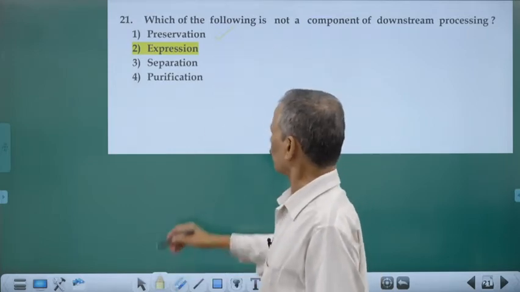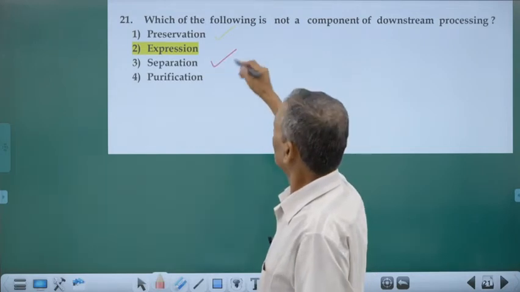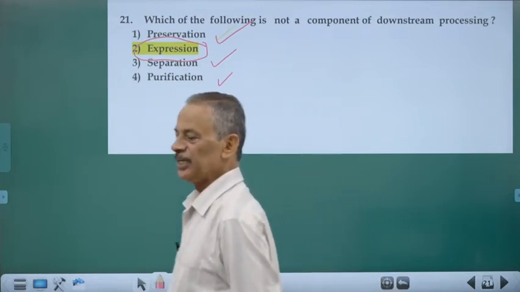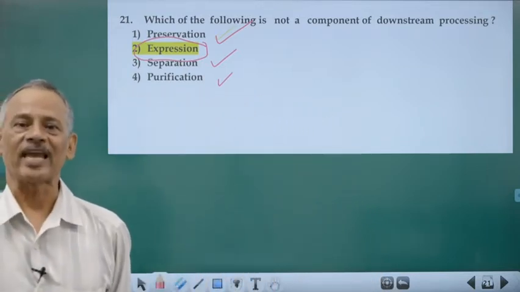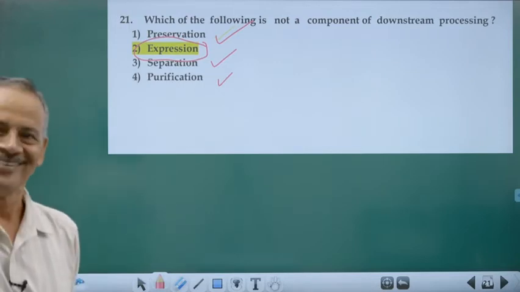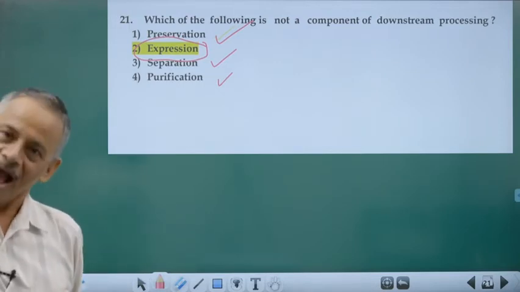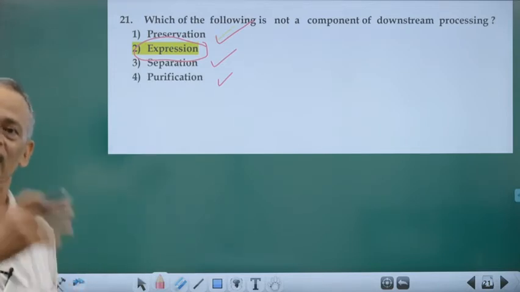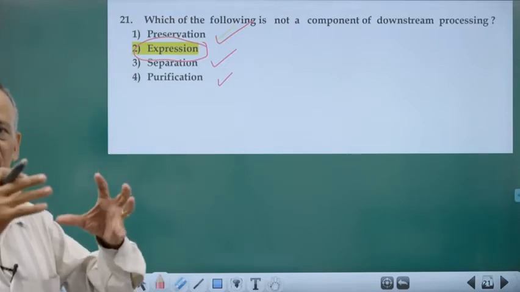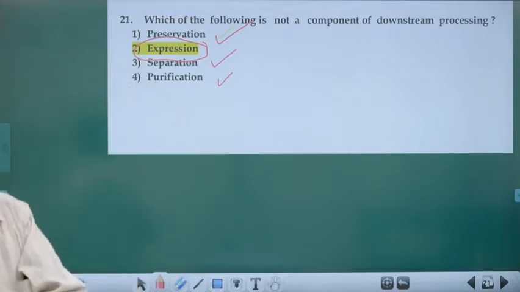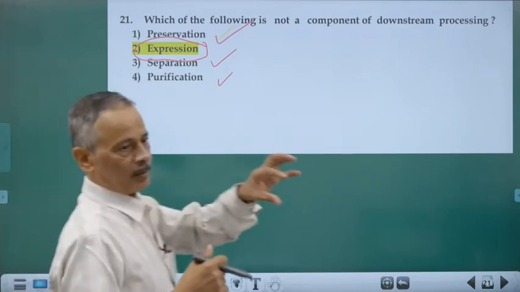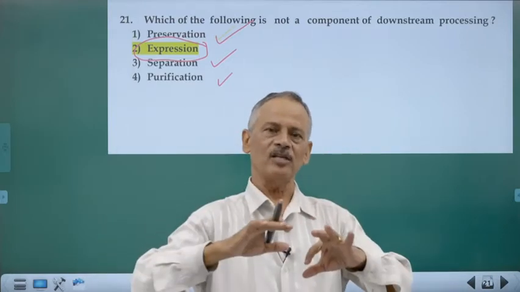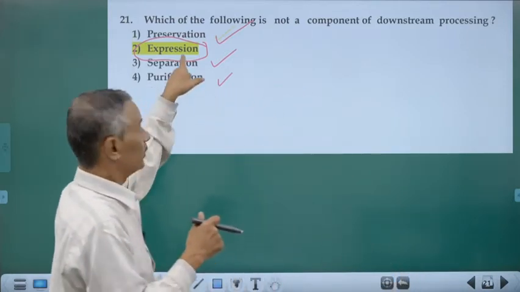So we have to add preservatives to that, correct? Separation of the recombinant protein is a very important one. Purification, preservation, but expression? What is expression? A gene is expressing means the gene is producing a character, a protein. That is what is called expression. Already the gene has expressed. That is why you have the recombinant protein produced in the culture medium. That culture medium contains the recombinant protein, which you take out from the bioreactor.